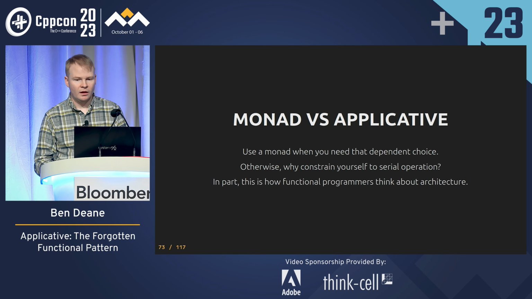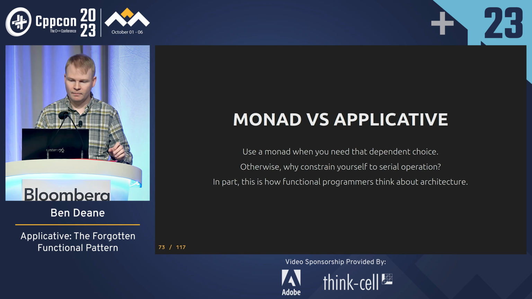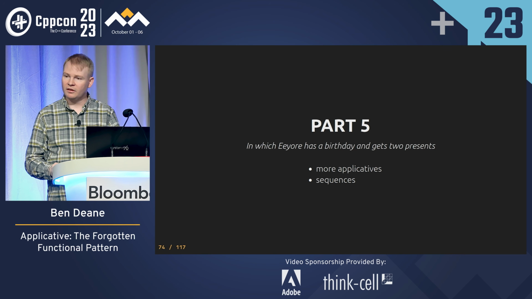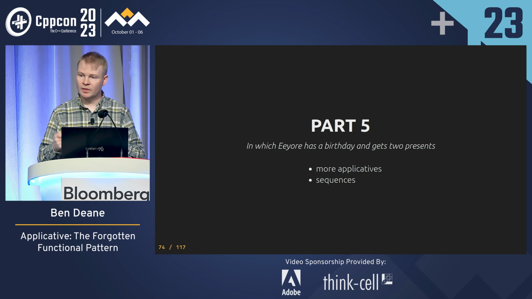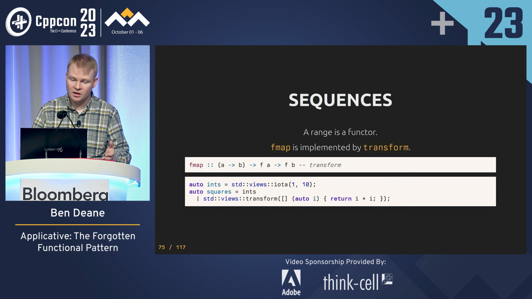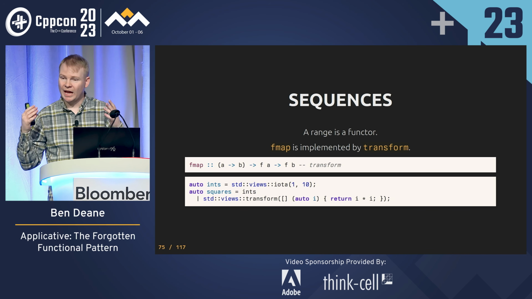right? Okay, so we saw optional, we saw expected. Let's take a look at a few more examples of applicative in C++. So ranges, sequences in general, ranges in C++ are functors, right? We know that. We have transform.